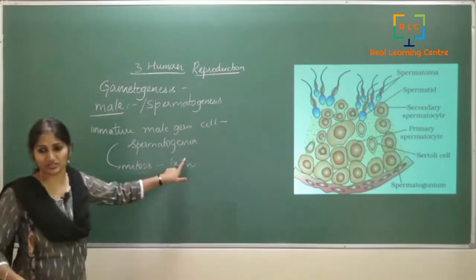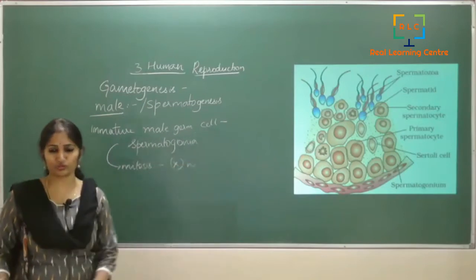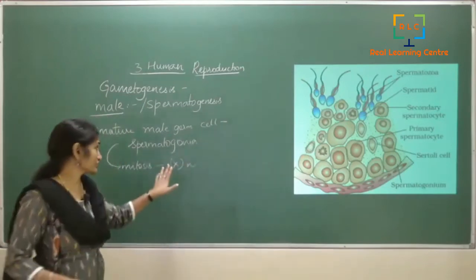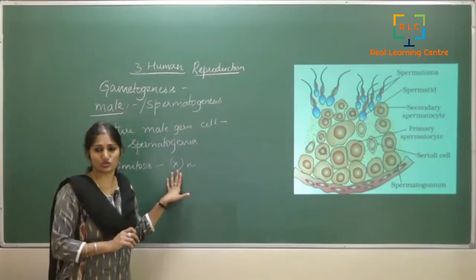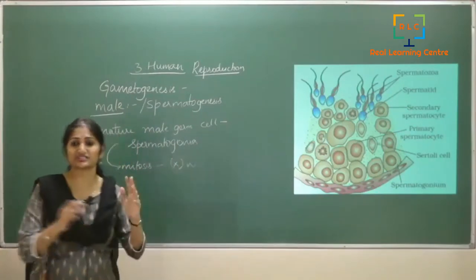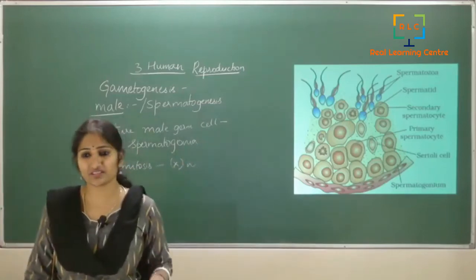Here this is multiplied by n times. Please do not consider this to be x. In biology, x is the chromosome, so here I'm just saying that it is increasing in its number.